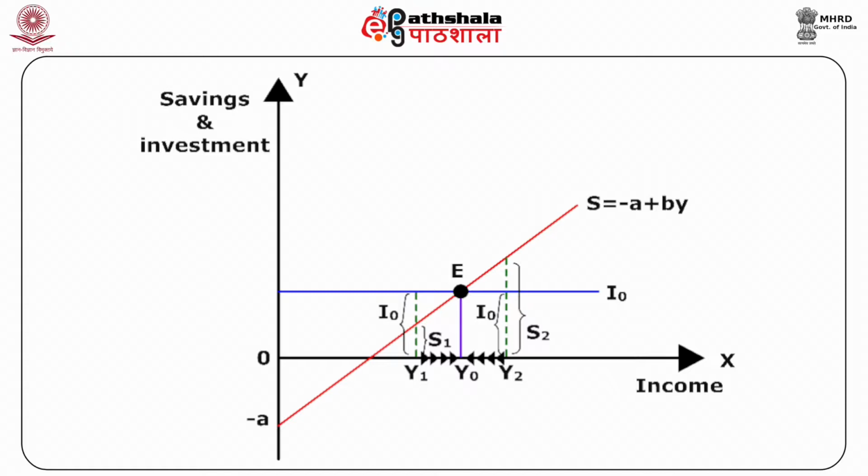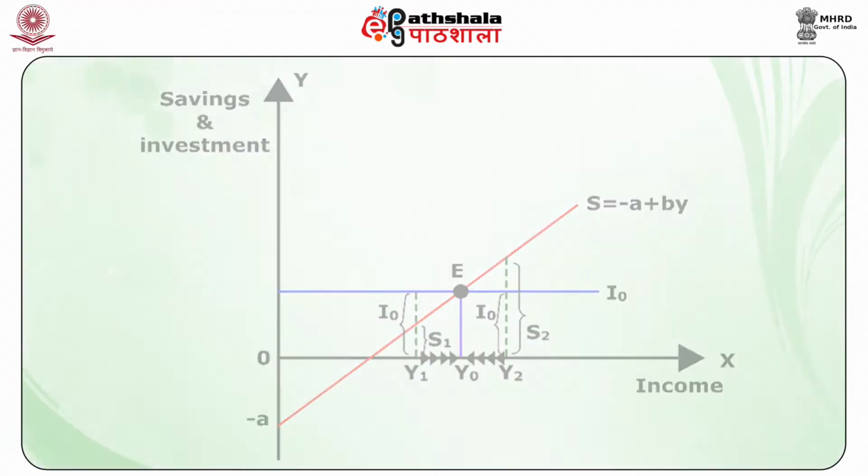This results in different situations that can be identified in the product market. We are considering three different levels of income, Y1, Y0 and Y2. Y0 would be the equilibrium level of income, determined by the intersection of the savings function and the investment function at point E. So, now let us consider the three levels of income, Y1, Y2 and Y0.